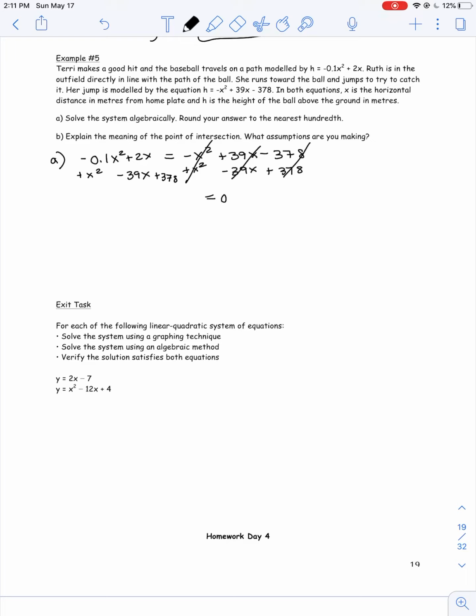What we should have left is, you take one coefficient minus 0.1, and you should get 0.9x squared. And then you should have 2 take away 39, which is negative 37x. And then there's nothing to add 378 to, so you're just going to add 378, and that's equal to 0.